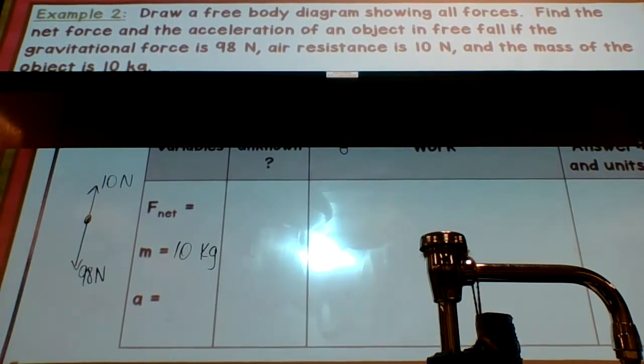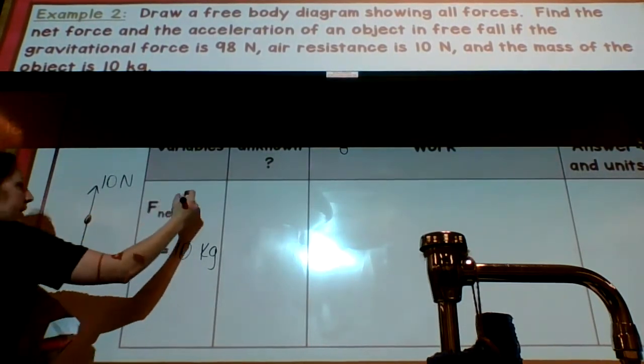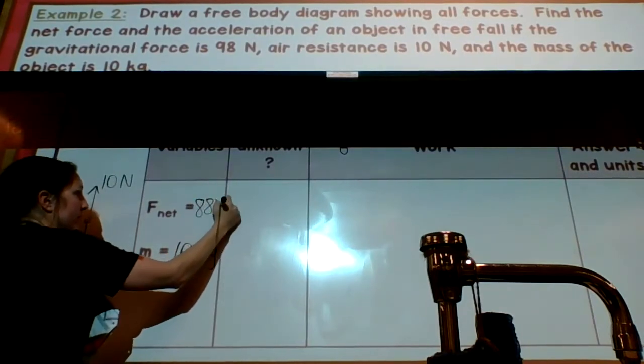What else can I get from this situation? I'm going to subtract them. 98 minus 10. 88. Is that force or acceleration? Force. Okay, so we have 88 newtons of force.